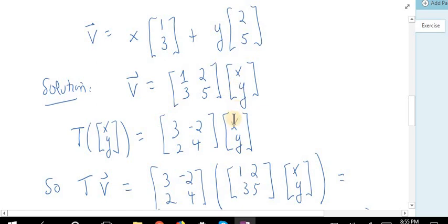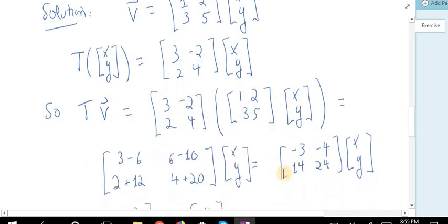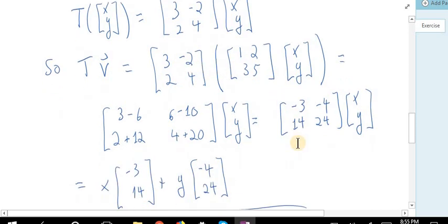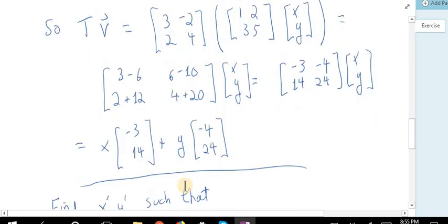They're placeholders. So I can replace this unknown vector xy with the vector V. The vector V is up here, so I take T times the unknown vector V. What do I have here? I just have the product of matrices. So I take this matrix times this matrix, and I get this result, and then I can write this again as a linear combination of vectors. All right, very good.